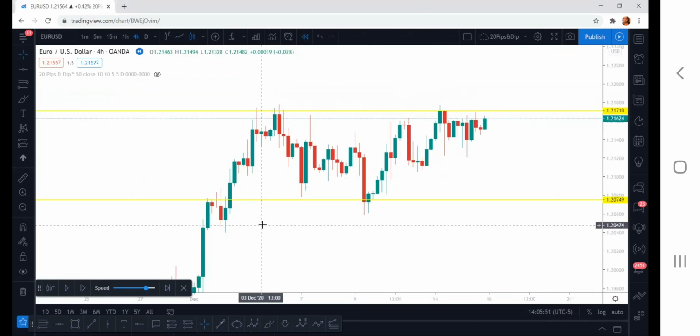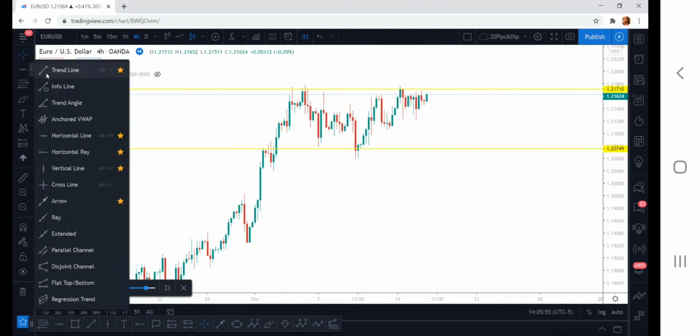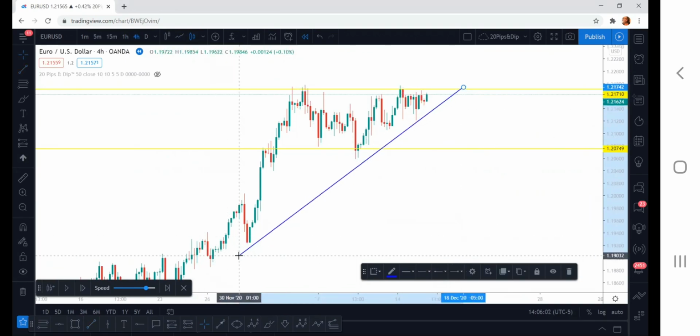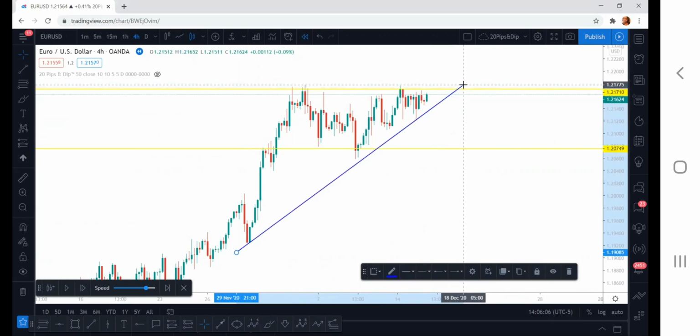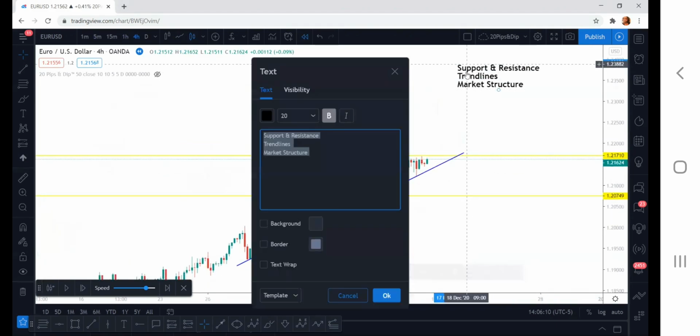So we have found support and resistance, and I also want to go ahead and place a trend line just to validate my uptrend. And there's another confluence here that I want to add: price action.